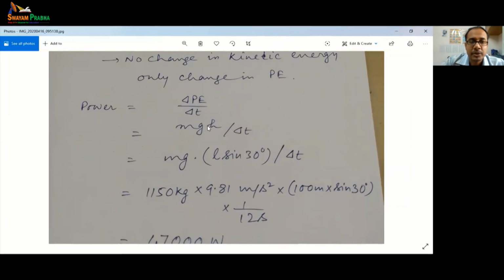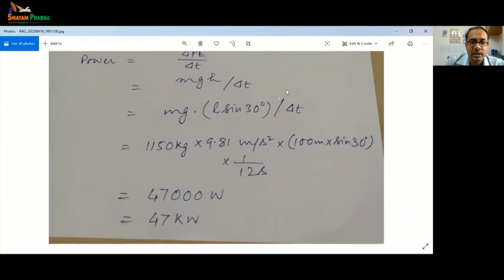The potential energy change is mass times acceleration due to gravity g times the change in height h, so mgh divided by delta t. The only trick you have to use here is how to find h.